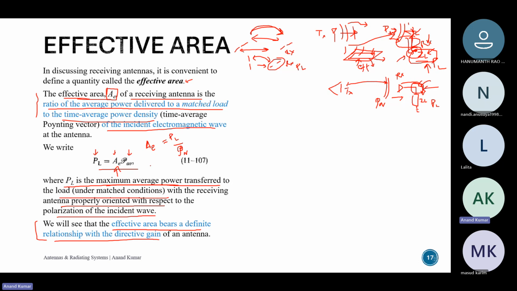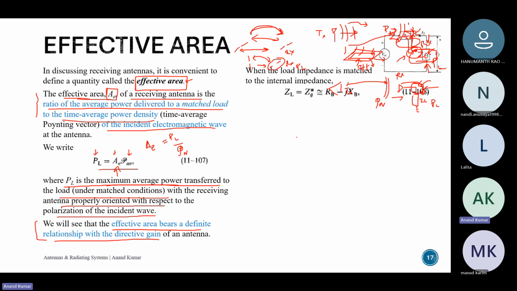I'll pause over here if there are any questions on the term or the definition of effective area. Okay, if there are no questions, we'll continue.